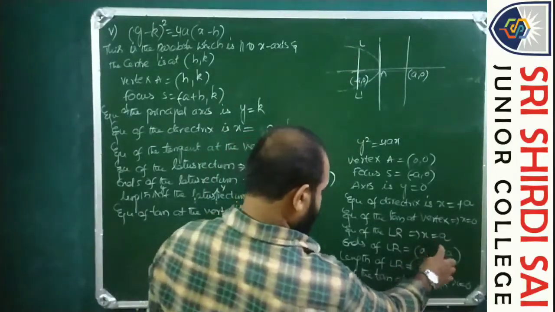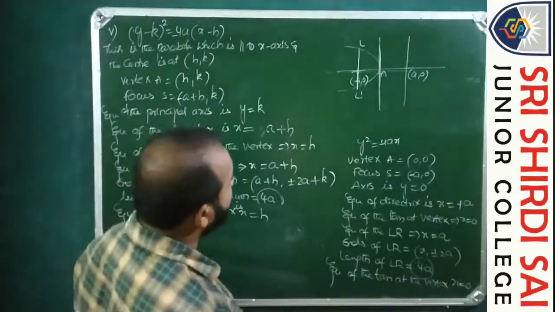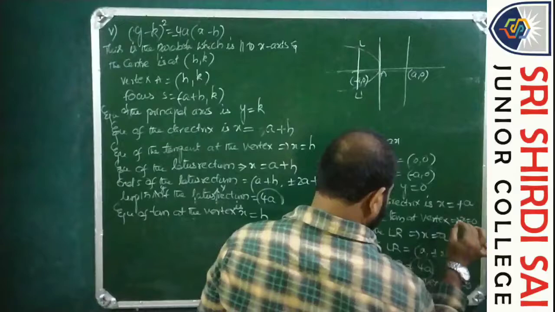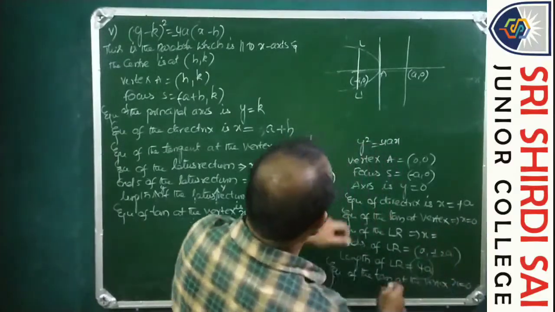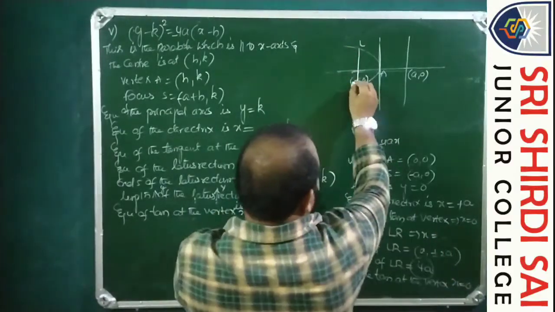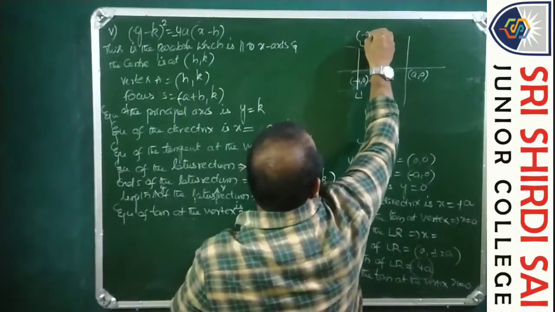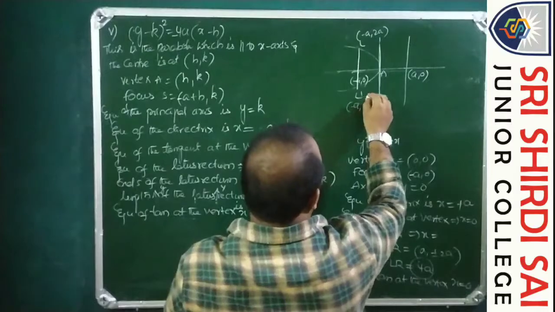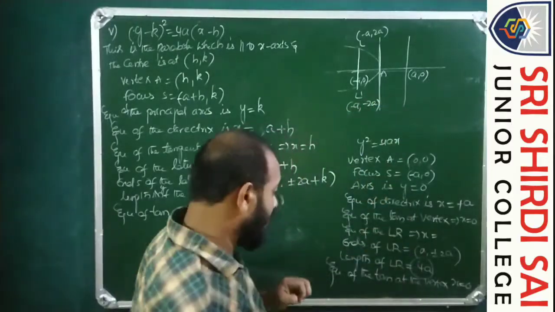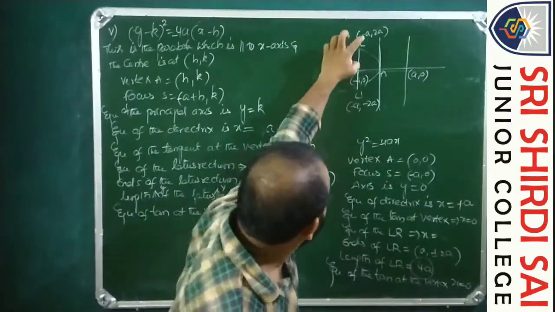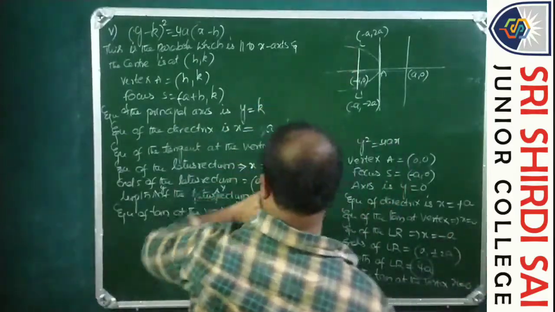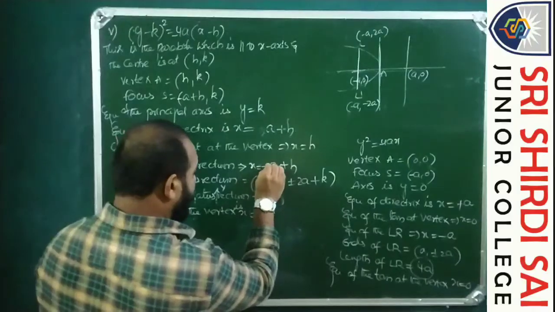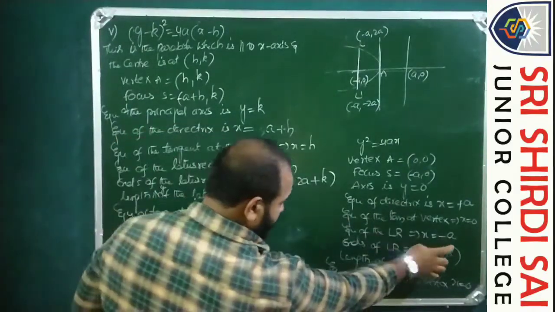So x equals to minus a. This is minus a comma 2a, this is minus a comma minus 2a, right? So equation of the latus rectum is x equals to minus a. Here equation of the latus rectum is x equals to minus a plus h.